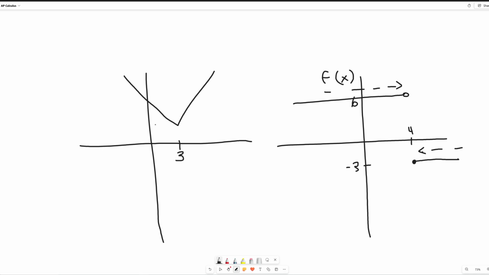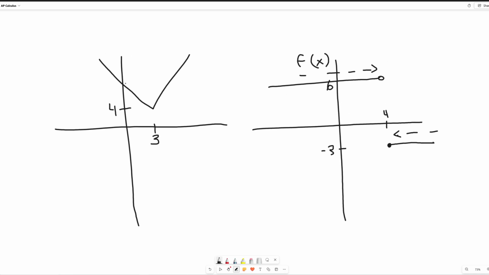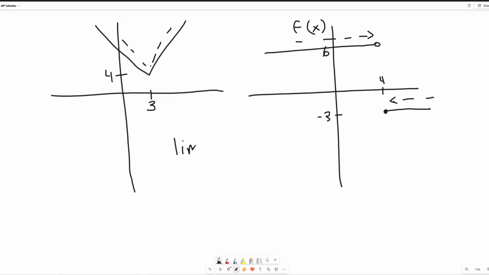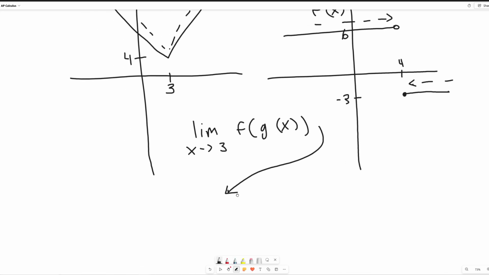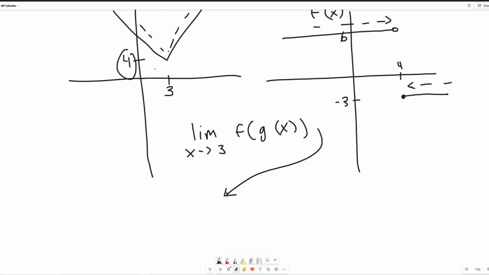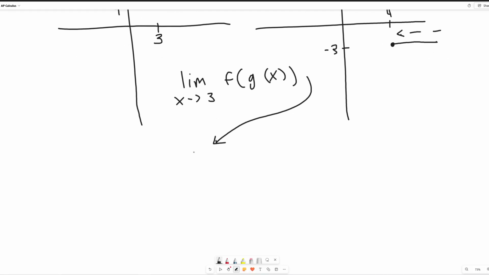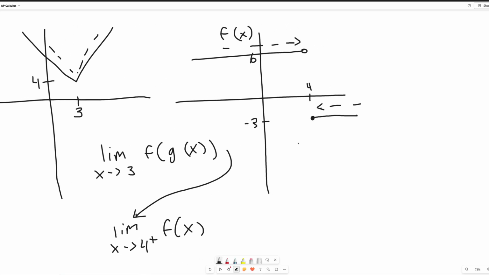This is unrealistic, but here it's coming from top down on both sides. So, as you can imagine, f of g of x, you have this 4 that it approaches from top down on both sides. You do the limit as it approaches 4 from the right of f of x. And in which case, this would be -3.